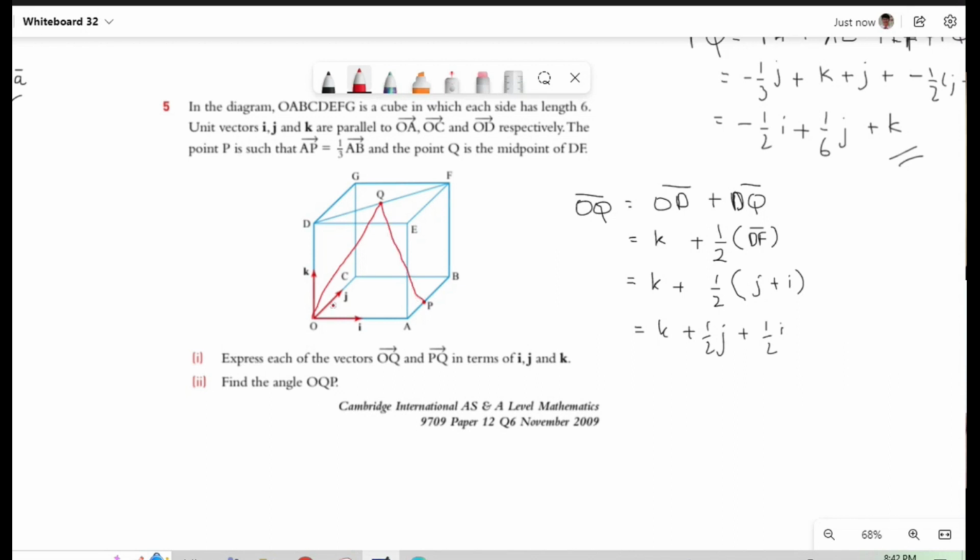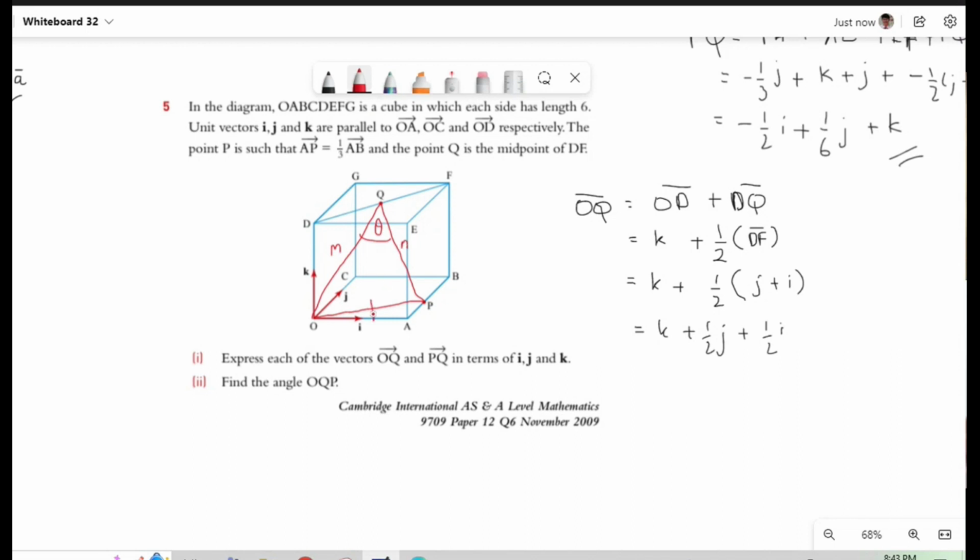Next, we want to find the angle OQP. One of the ways, as I told you before, I will explain in two ways. The first way, we can make a triangle like this. So the theta, the angle OQP, is the angle at Q, just like this in the picture. So we want to find this one.